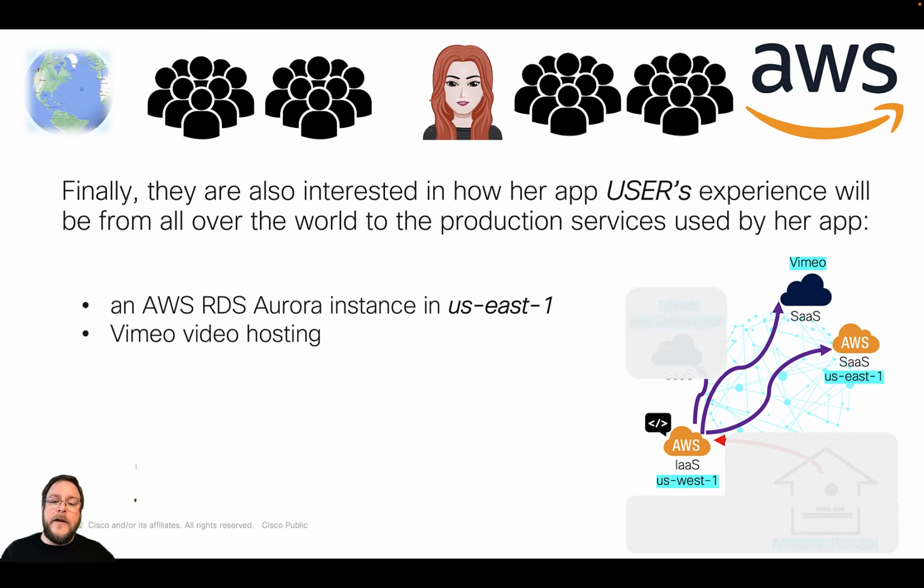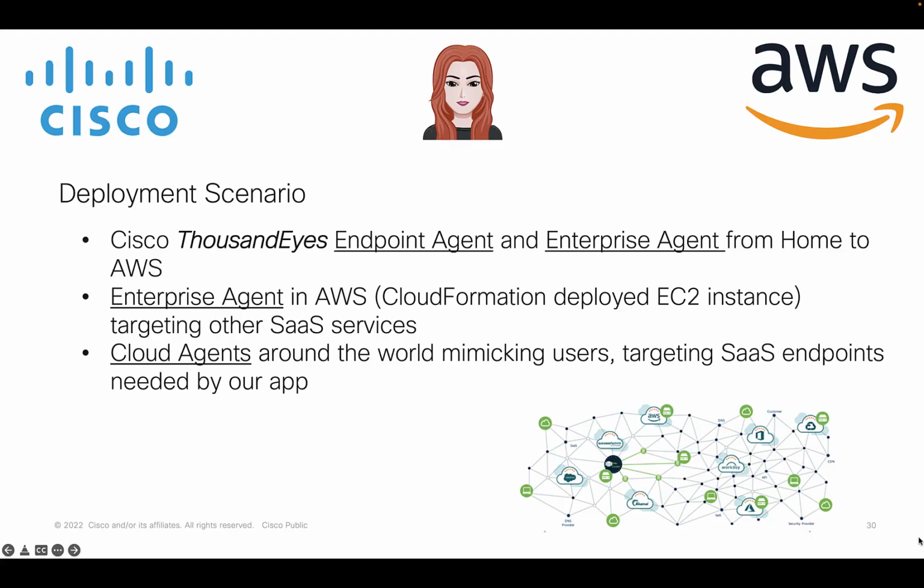Finally, we're interested in what her app users' experience is because they're going to be all over the world, and her app uses services like that database Aurora instance in US East 1, but it also uses Vimeo for video hosting. So we want to understand what her users' experience is getting to those services.